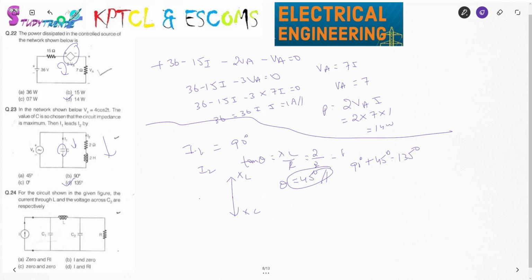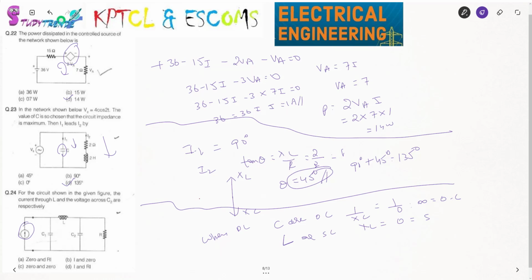So option D. For the circuit given in the figure, the current through L and voltage across C2 are respectively, right? Here the current source is DC source. So when DC is applied, capacitors are open circuited because 1 by XC, 1 by 0, infinity, so resistance is infinity, so it is open circuited. L is short circuited, XL is equal to 0, so short circuited.